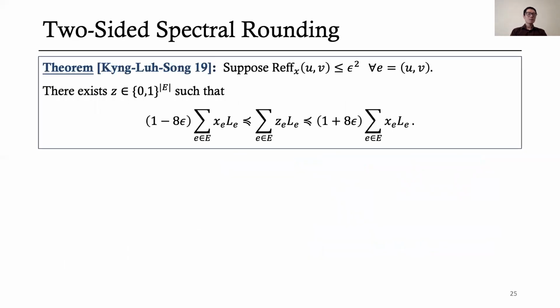Then let's move on to consider some known work about the two-sided spectral rounding. A result from Kyng, Lu, and Song shows that with some additional assumptions on the fractional solution x, we can show there exists an integral solution z such that the two-sided spectral rounding is possible.